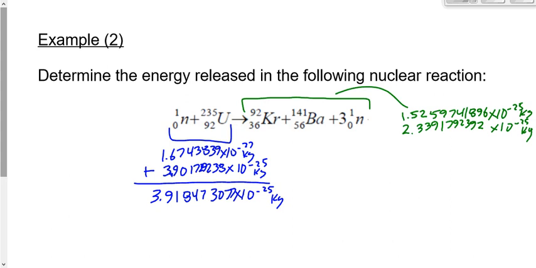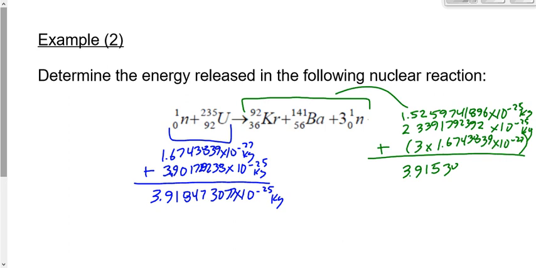3 neutrons. I got to multiply the mass of a neutron by 3. 1.67433839 times 10 to the minus 27. We add those up, and we get 3.9153849458 times 10 to the minus 25 kilograms.